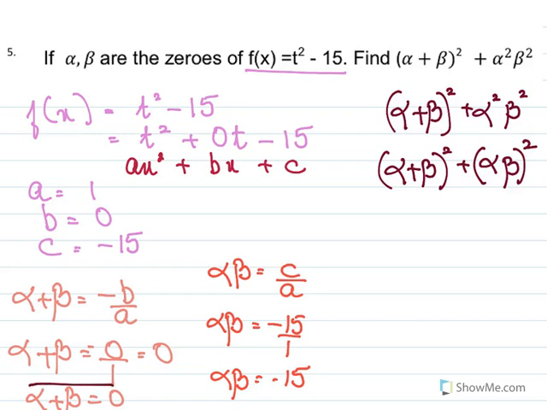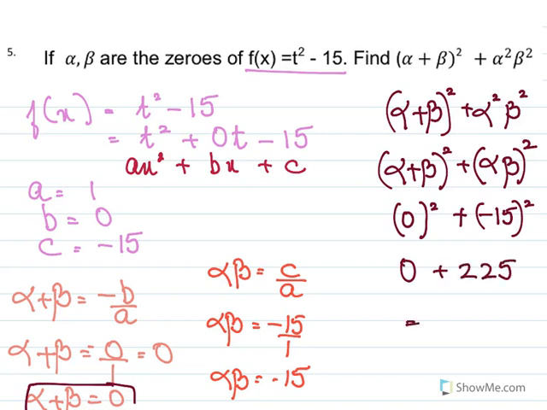Alpha plus beta we see out here is 0. This value we found as 0. Alpha beta we found as minus 15. So this is minus 15 the whole square. So 0 plus minus 15 into minus 15 is plus 225. So the answer is 225.